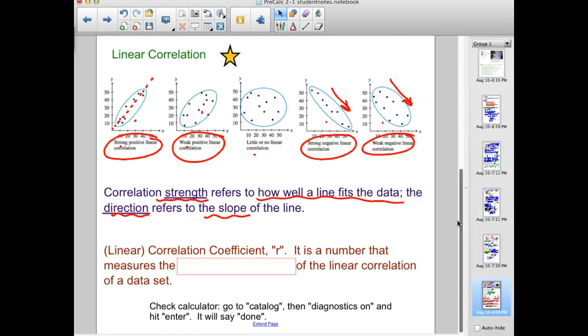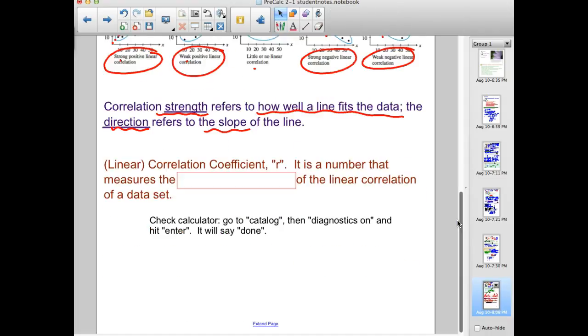All right, so we want to make sure that your calculator is going to have that R value when we do our linear regression. So grab your calculators and go to Catalog. Catalog should be right above your 0 key. You want to go into Catalog and then scroll down to Diagnostics On and hit Enter twice. A lot of times the default mode is to have them off.